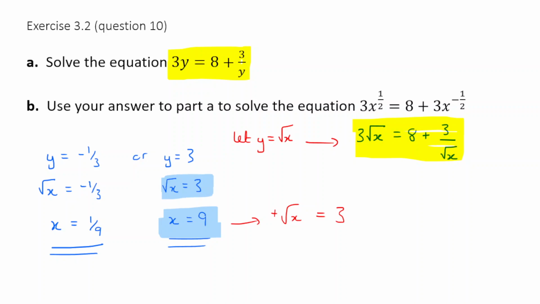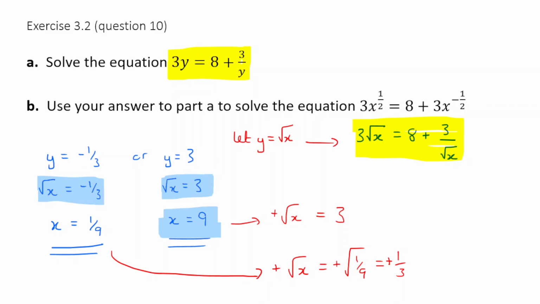The square root of 9 is 3. But over here, if we were to apply the same rule, and we were to take positive the square root of x, we would have positive the square root of 1 upon 9, which is equal to positive a third. And that doesn't correspond with what we've got here, because the solution that's valid is not positive a third, but negative a third.